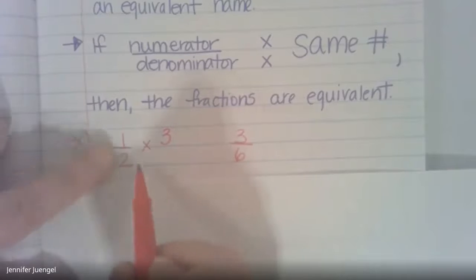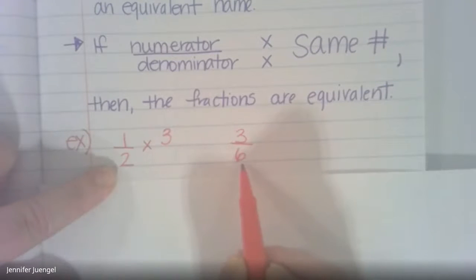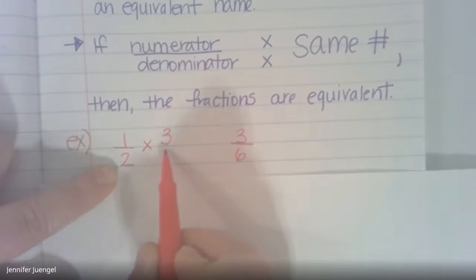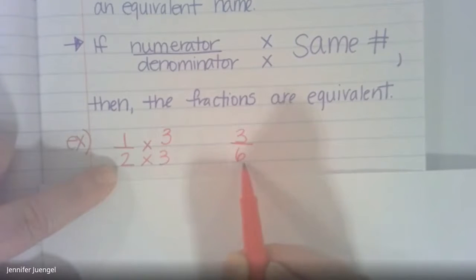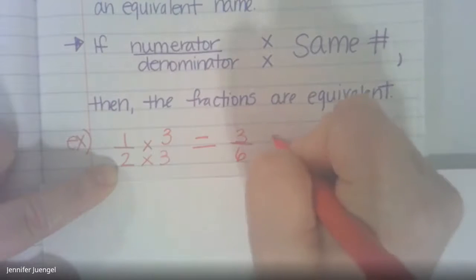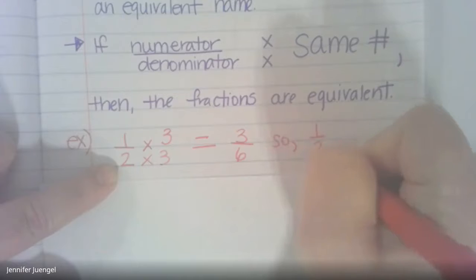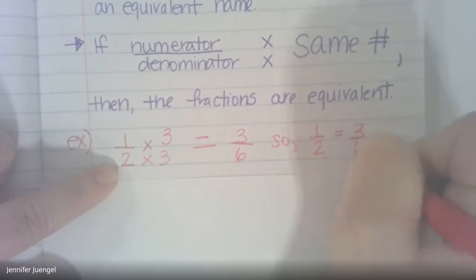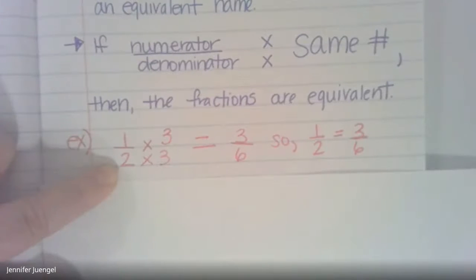To get from 2 to 6, can I do the same thing? 2 times 3 equals 6. Is that true? Yes. So that means 1/2 is equal to 3/6. 1/2 is equivalent to 3/6.